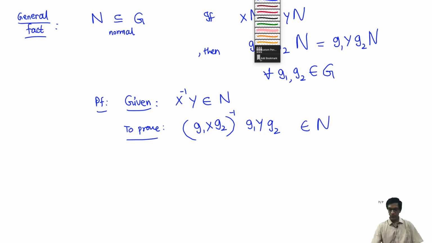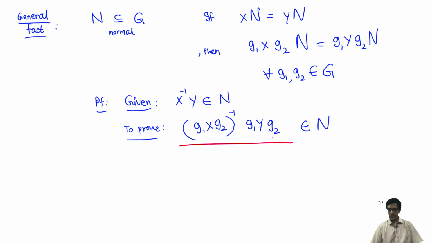Okay, so we just compute. Let's see, what would you get? This equals g2 inverse x inverse g1 inverse g1 y g2. Of course, the g1 inverse and g1 cancel each other off, so I can get rid of them. Now what's left is just g2 inverse x inverse y g2.